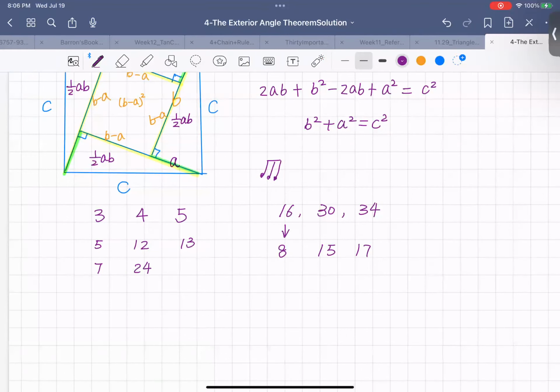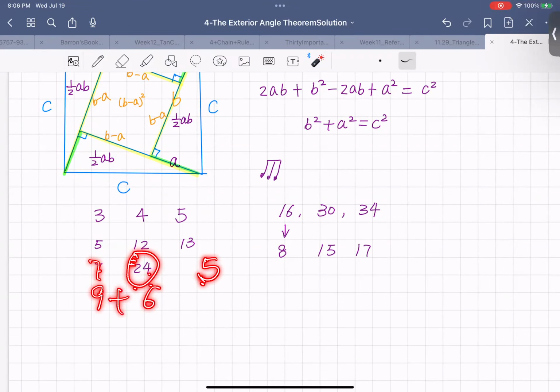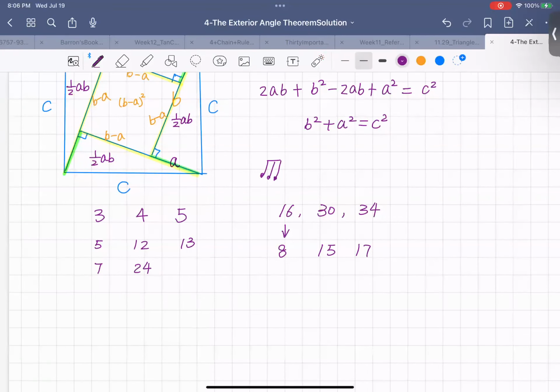Next one will be. This number is easy to get. Who is this number? No calculating a lot, just by your number sense. Mental math. Look. 7 squared is 49, so the last digit will be 5. 24 squared, 4 times 4 is 16, this is 6. So the last digit is 5. So this guy is 25.